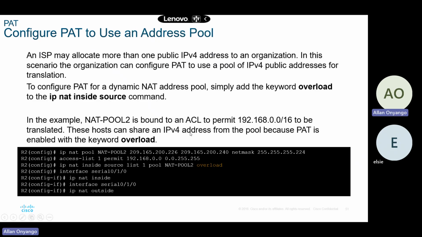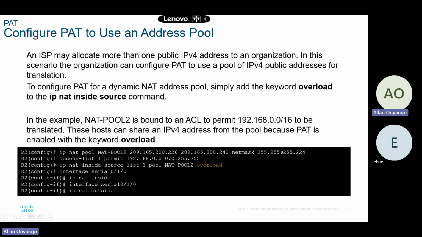The one in the pool is actually very similar to dynamic NAT. You first create the pool, say IP NAT pool. The name of the pool is NAT pool 2. Do not put any spaces in the names. If you must put a space, use an underscore or a hyphen. The starting IP is 209.165.200.226, and the ending IP is 209.165.200.240, 15 of them.